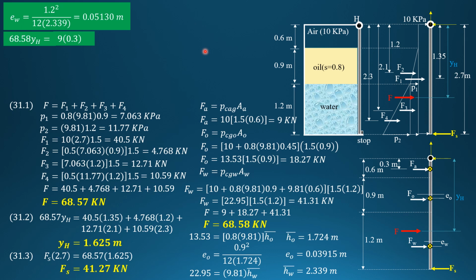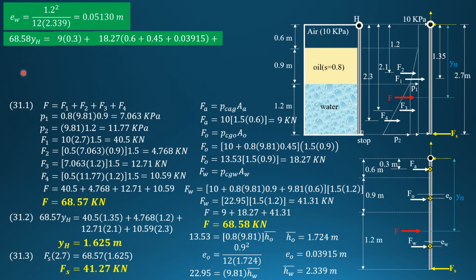Hope you understood it. Plus F of water, 41.31. The moment arm is 0.6 plus 0.9 plus 0.6 again, half of 1.2 plus EW, 0.0513.